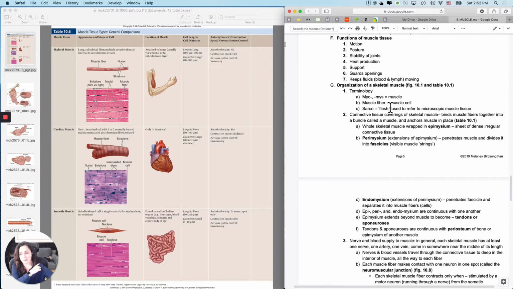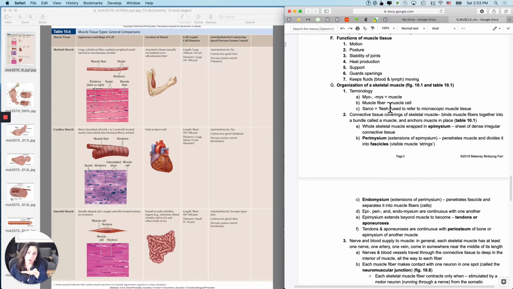If you span a joint with especially a relatively strong muscle, it's going to make that joint more stable. Like I said before, because the conversion of energy is really inefficient, you tend to produce heat as a byproduct of muscle contraction. And in some places, muscle is more about support than it is about wiggling things around, like what we call the pubococcygeal muscles, the muscles that are in your pelvic floor.